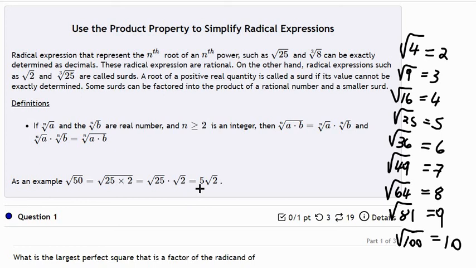And the square root of 25 is 5, which is the rational part. And the square root of 2 is the smaller surd because it's smaller than the square root of 50. And that is actually the same number. 5 times the square root of 2 is exactly the same as the square root of 50. This list provides all the rational square roots up to 100. So those are the kind of factors we're looking for.